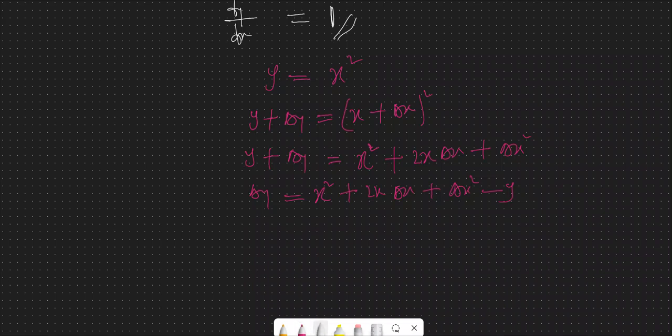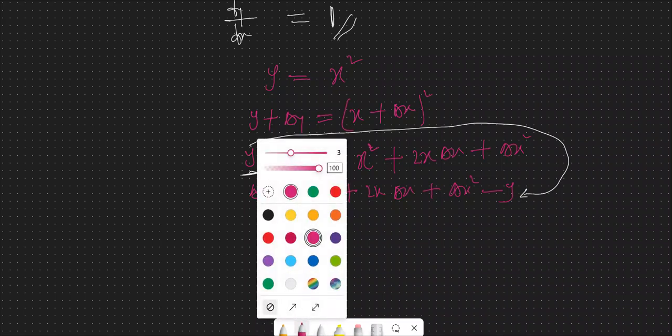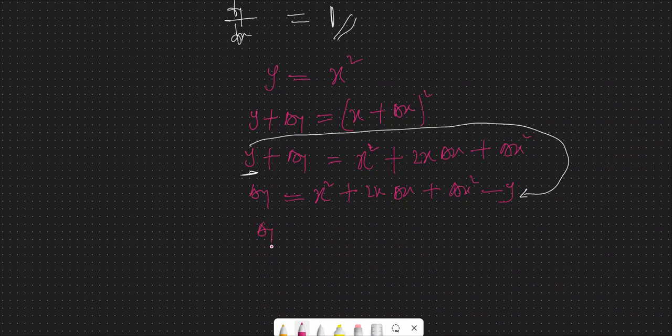Okay, so by collection of like terms, this y comes here. Good, I believe you understand that. Okay, so change in y equals x squared plus 2x change in x plus change in x squared minus y, and y equals x squared.